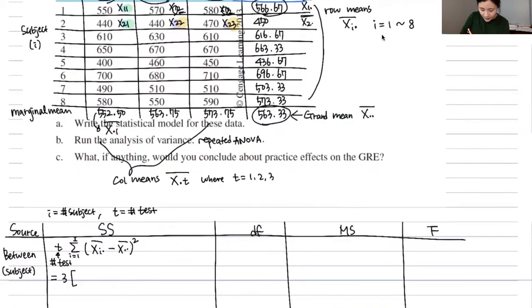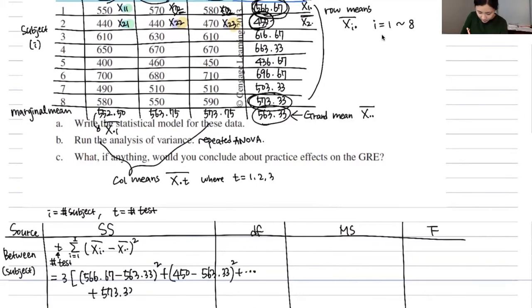If I plug in i as 1, X1 dot bar, which is 566.67, so 566.67 minus the grand mean squared, plus the second row mean 450 minus 563.33 squared, up to the last row mean squared.